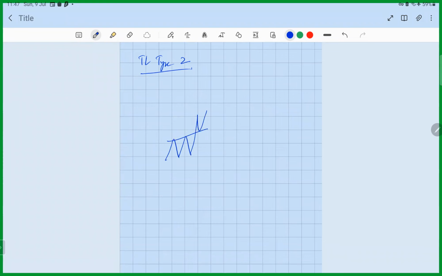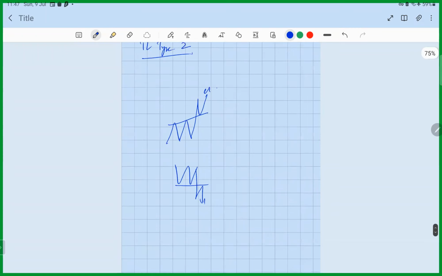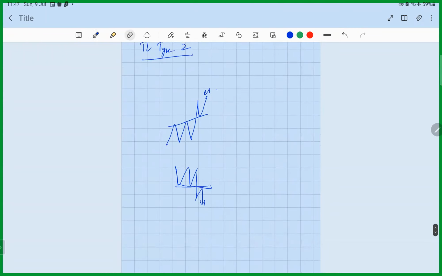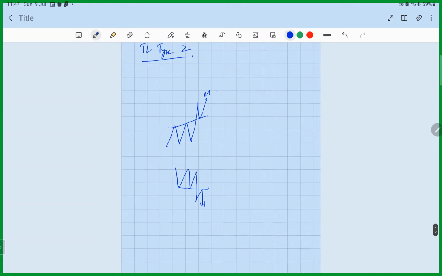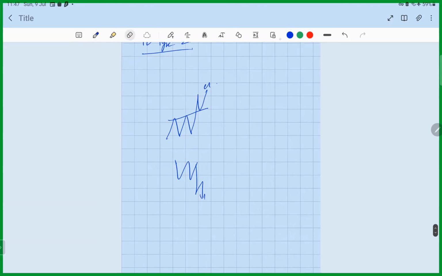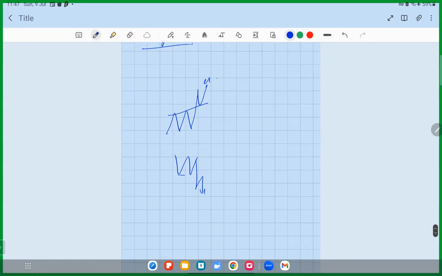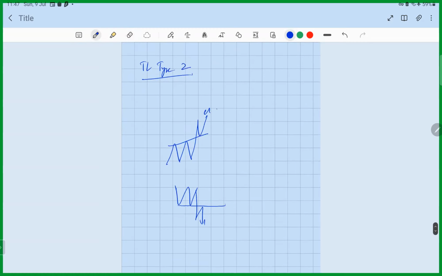Nothing special. Easy. Remember, don't draw like this. Draw properly. This is me just doing a shit drawing lah. But you must be very, very meticulous with the way you draw trend lines. So 1, 2, 3, 4, 5.